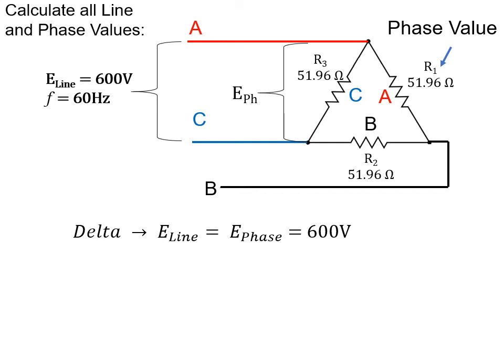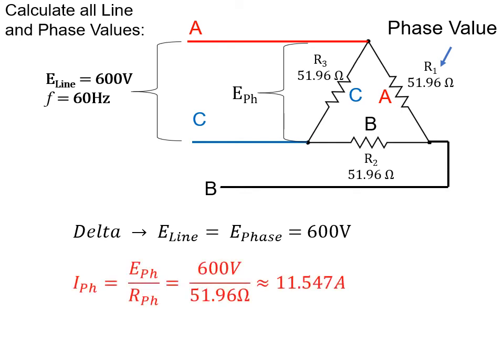Now that we have our phase voltage and our phase load, we can calculate our phase current, which in this case works out to be 11.547 amps. Now the current in A and B are going to come together to give us the line current at B. So again, there'd be 120 degrees of separation.